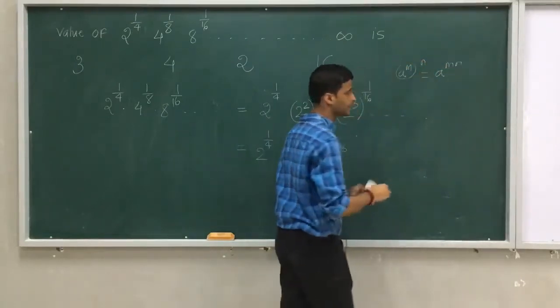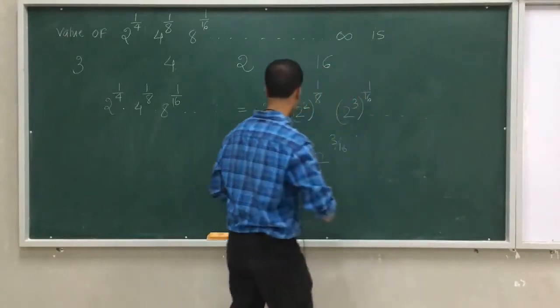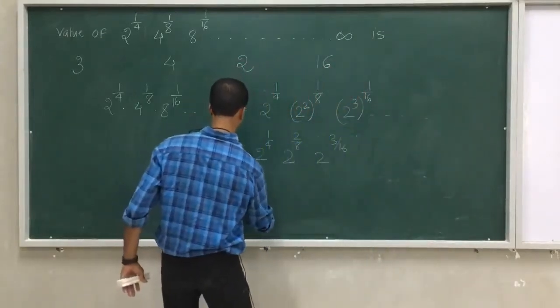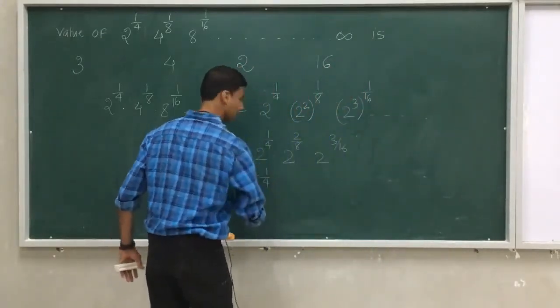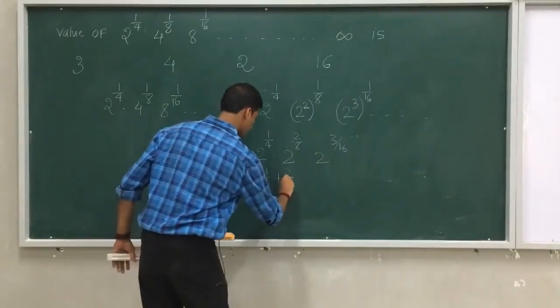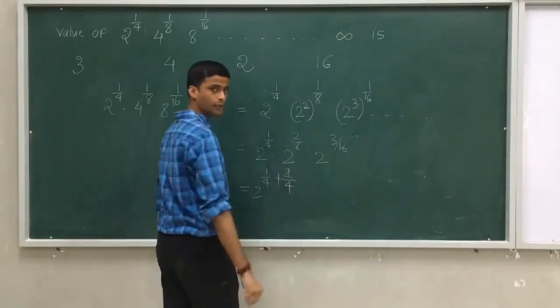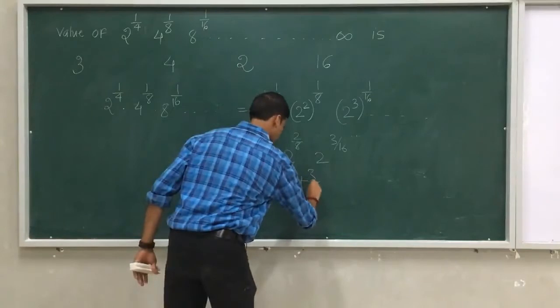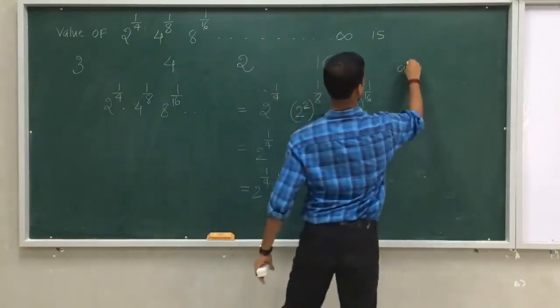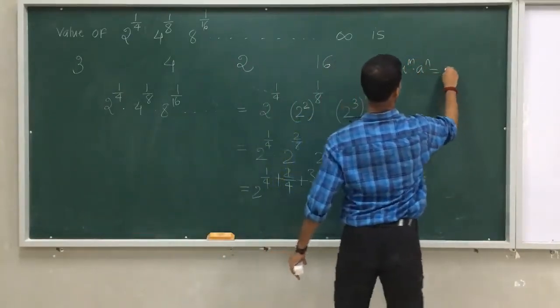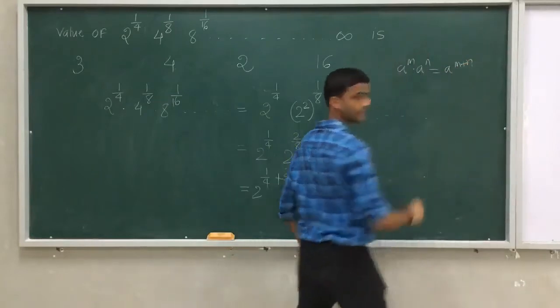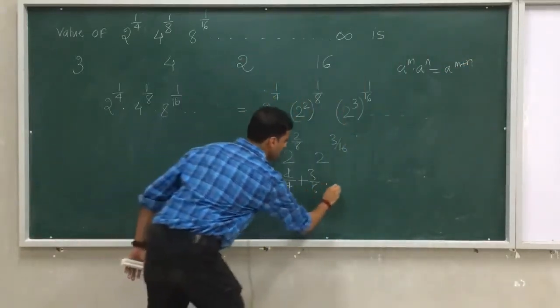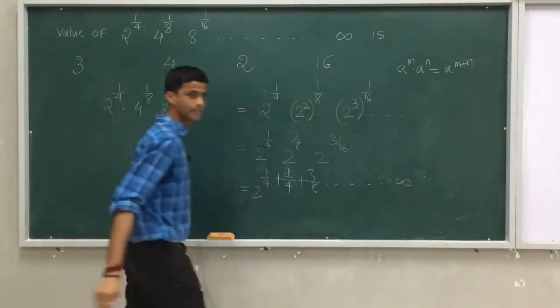Now I consider this as 1 by 4, 2 by 8, 3 by 16, because a power m into a power n is a power m plus n, right, up to infinity.